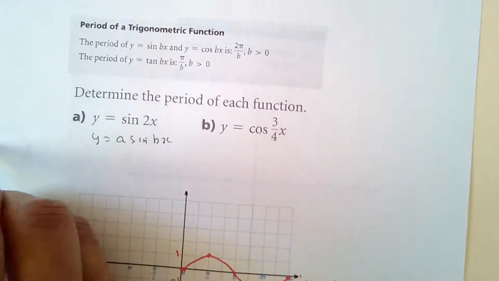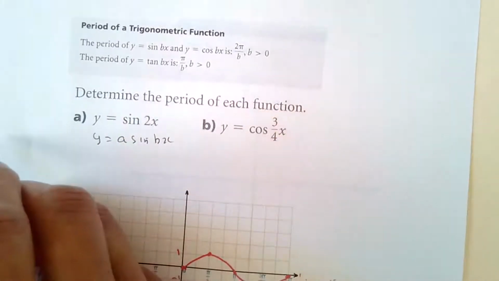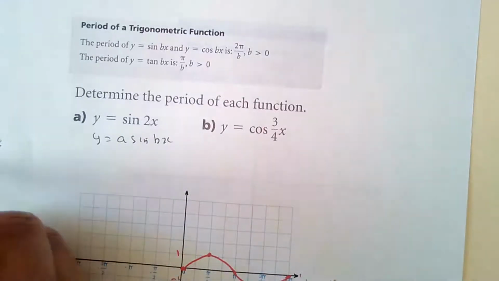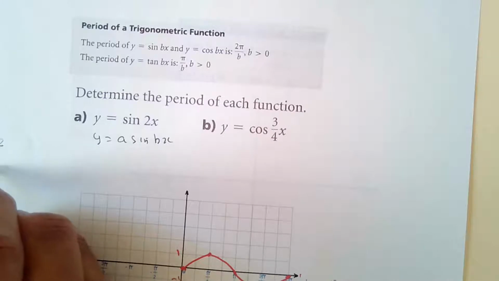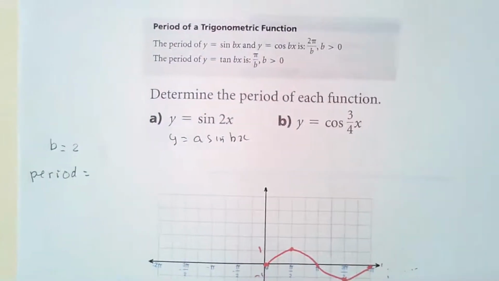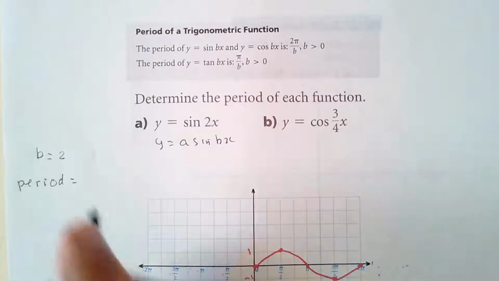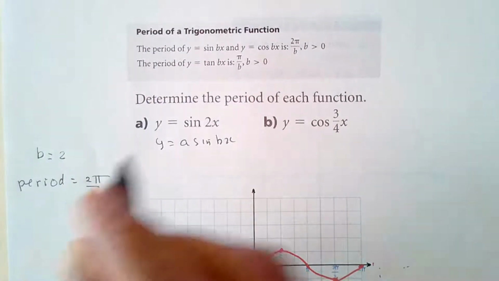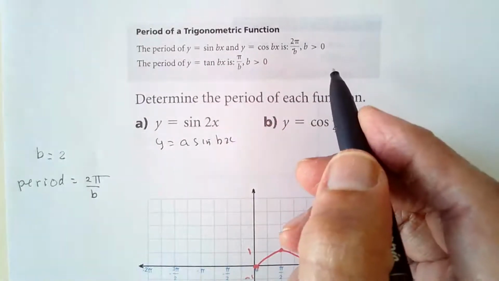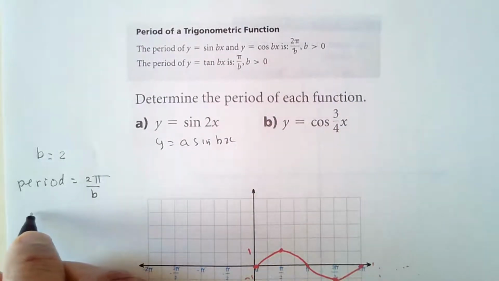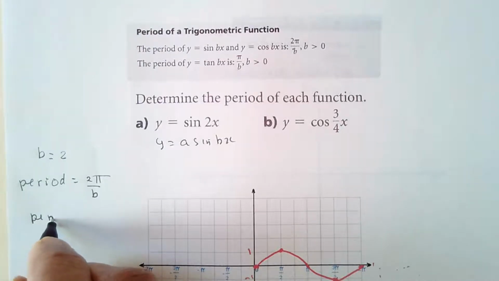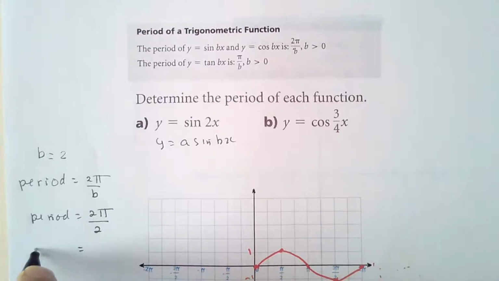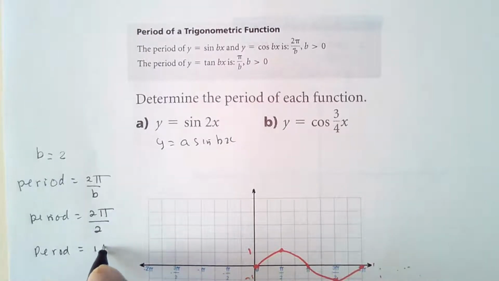So b is equal to 2. So the period, oops, there we go. Sorry about that. Period is 2 pi over b. It's given here. So now the period is equal to 2 pi over 2, which is equal to 1 pi.